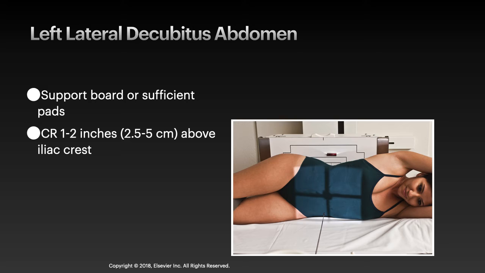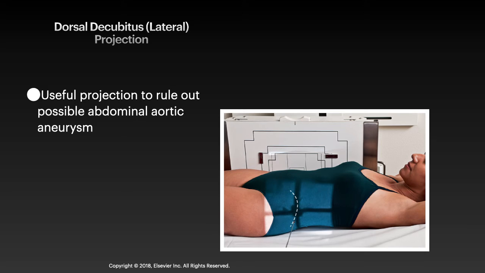You're going to make sure you have support board or sufficient pads underneath the patient. The CR is 1 to 2 inches above the iliac crest. This is your dorsal decubitus lateral projection. Useful projection to rule out possible abdominal aortic aneurysms.